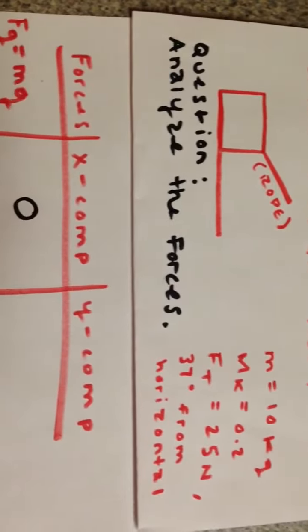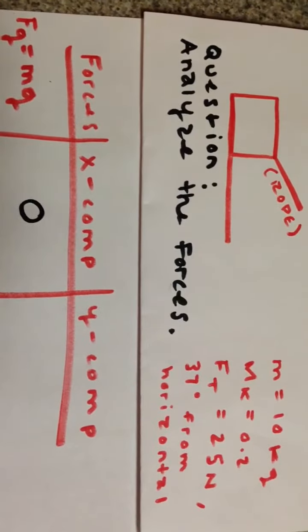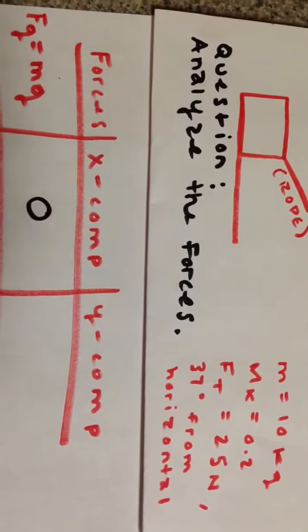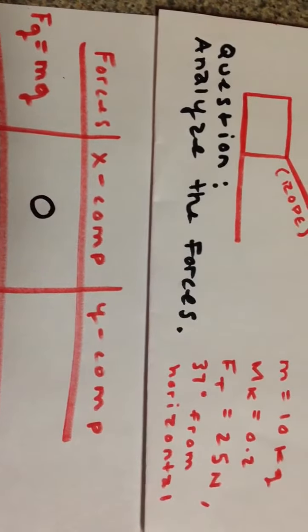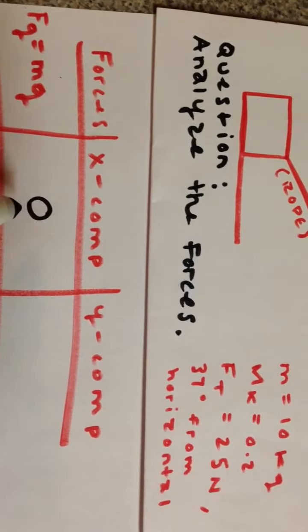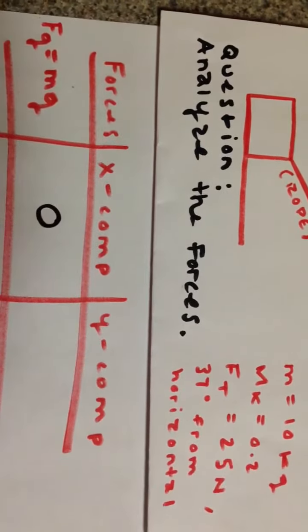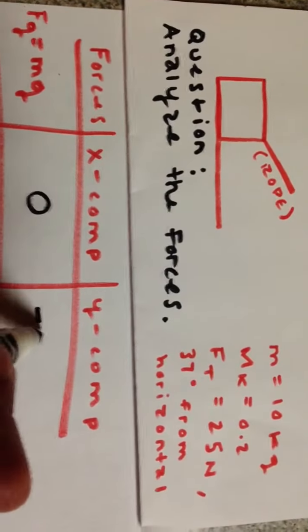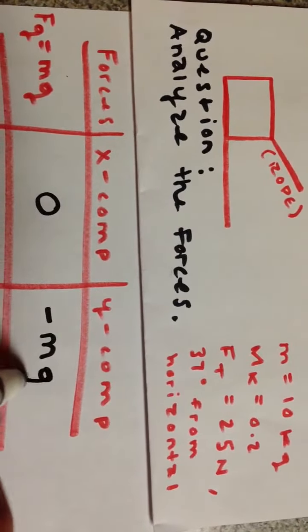Okay, we're going to fill out this table, and the first force that we're going to analyze is the force due to gravity. It is 0 in the x component because there's no gravity in that direction, and in the y component it is negative mass times gravity.